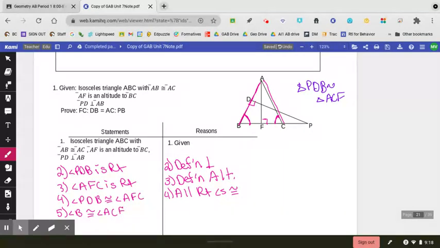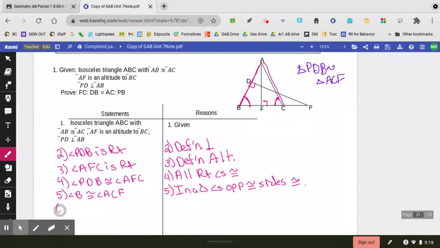Because in a triangle, angles opposite congruent sides are congruent. So now I have those triangles are similar by AA. AA similarity.